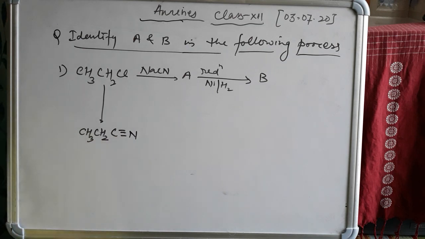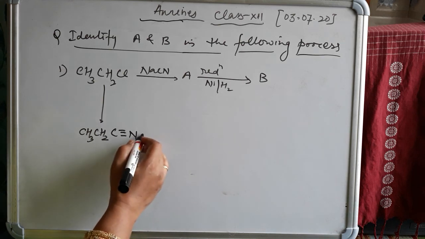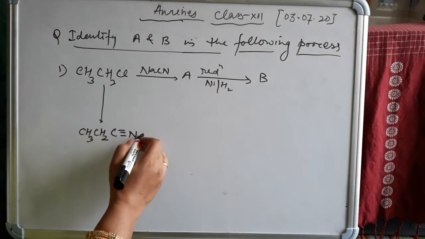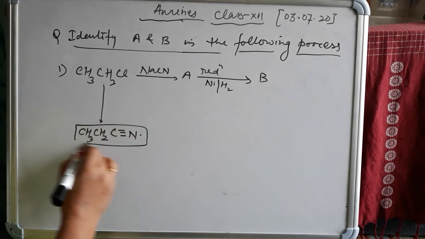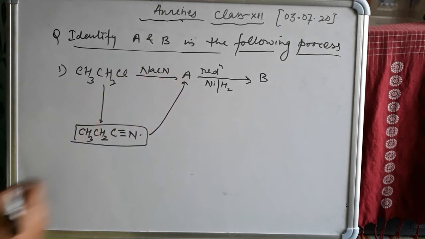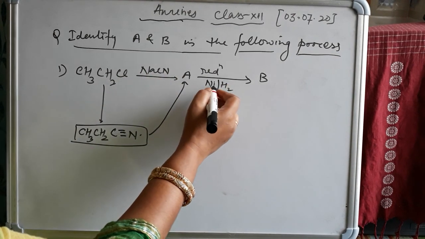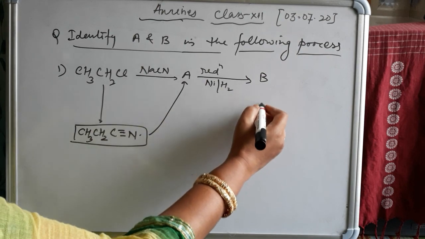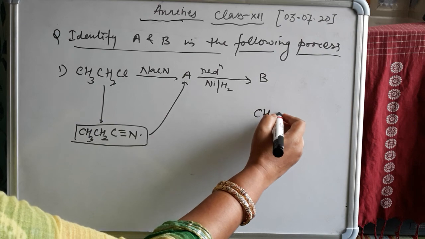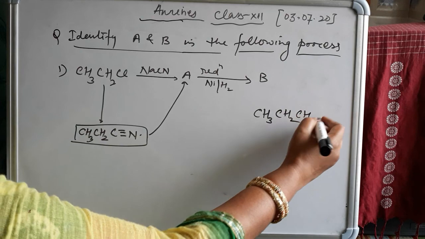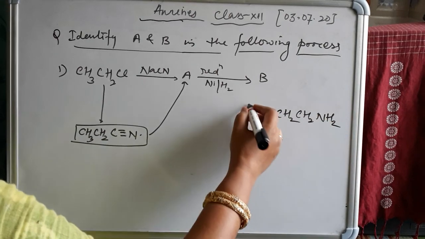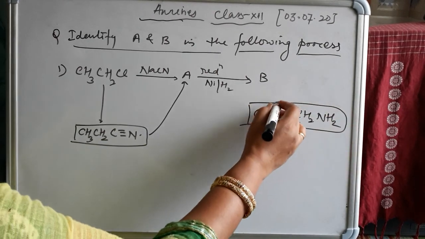And when the nitrile undergoes reduction, this is our A, and when reduction goes on in the presence of nickel, we get the formation of CH3CH2CH2NH2, and this is propanamine.